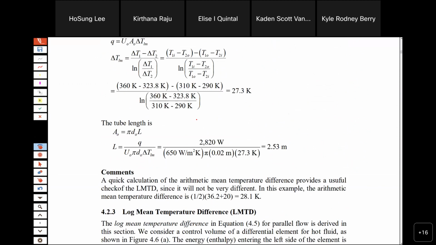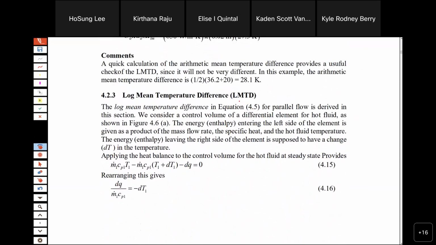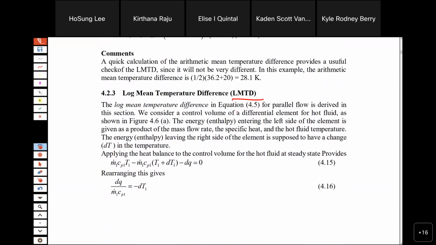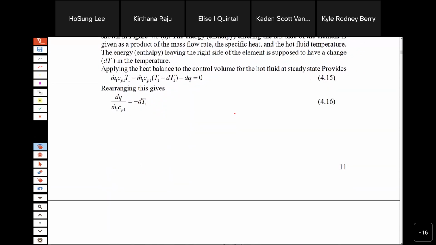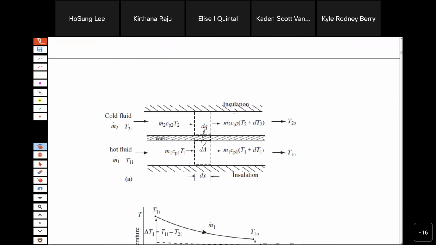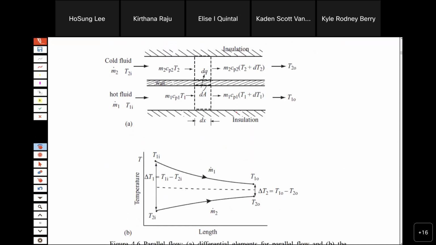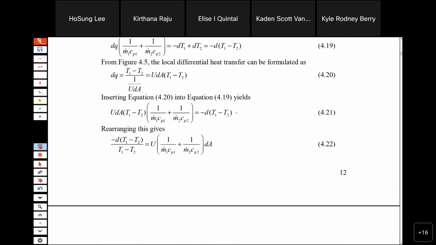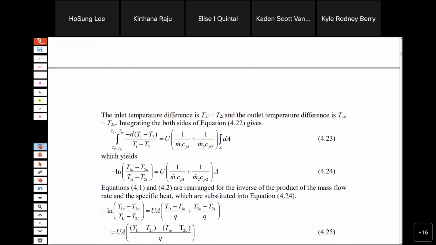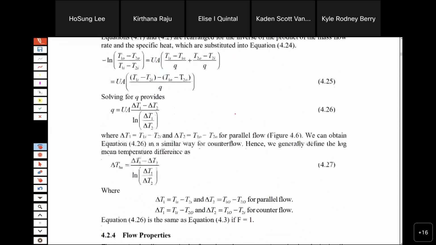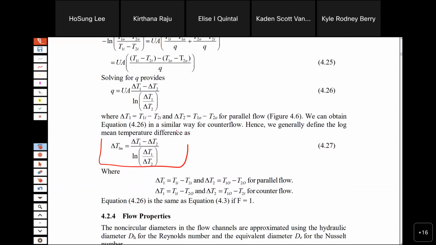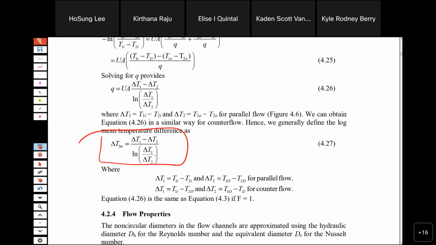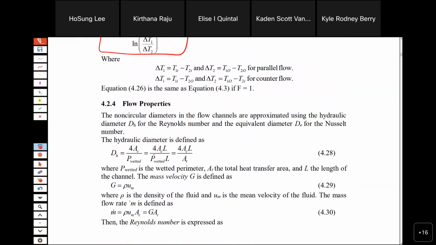Now the log mean temperature, I'm not going to go into detail, it's beyond the scope, but it turns out we can derive it. Yes, I told you we derive the log mean. So use it.